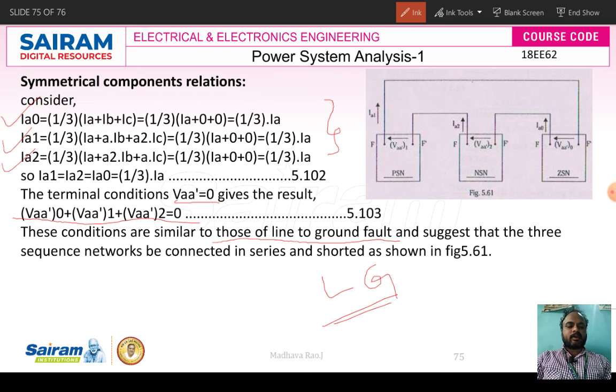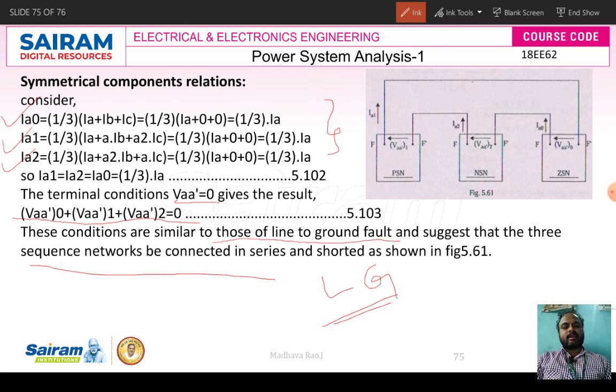So the three sequence networks are connected in series and short circuited. In the one conductor fault, the three symmetrical components are connected in parallel, like the double line to ground fault. The two conductor fault belongs to the LG fault type, where all sequences are connected in series.